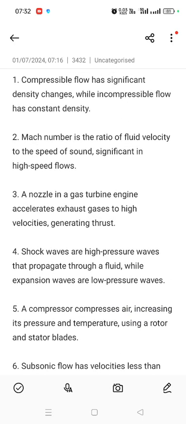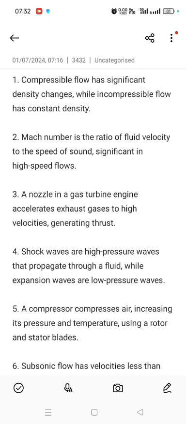Mach number is the ratio of fluid velocity to the speed of sound, significant in high speed flows. As we already discussed in the previous video, Mach number is a dimensionless number denoted by capital M, and its value can be less than 1, equal to 1, or greater than 1.